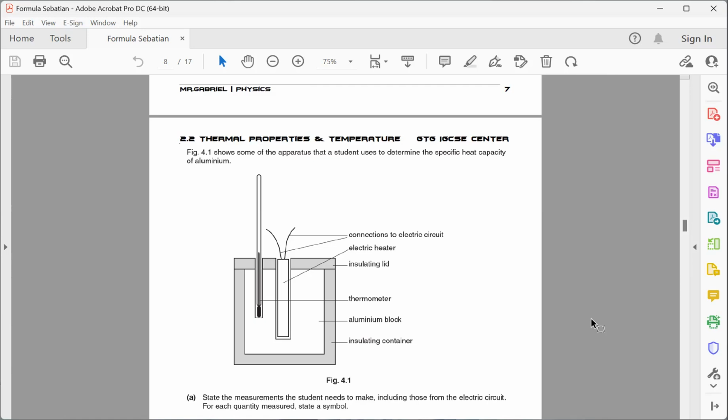Always the second, especially with all cylinders, unless they say otherwise. Now to do this question, you have to know the formula.